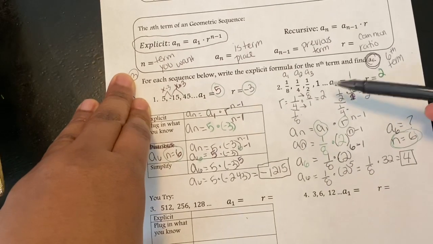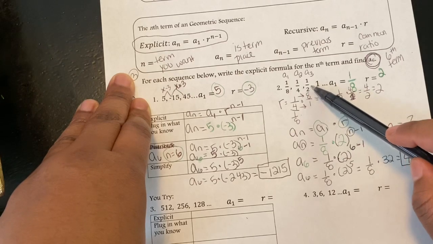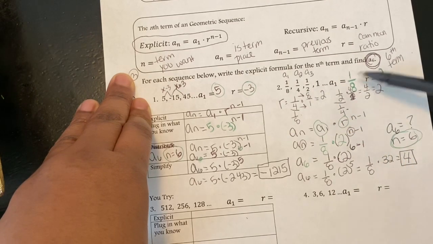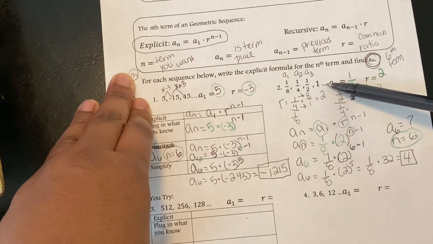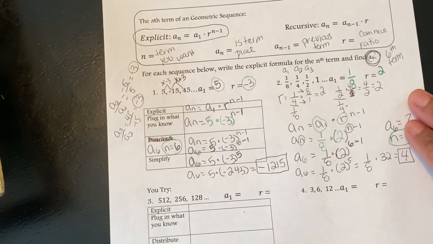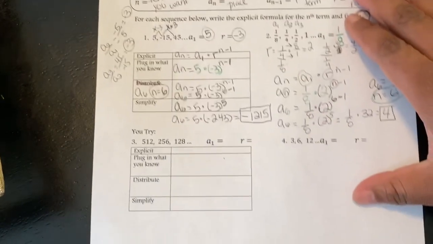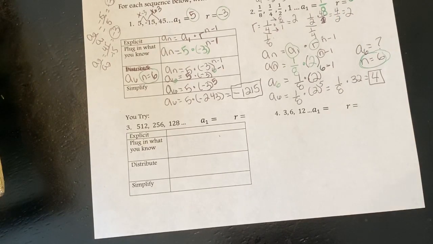So, ladies and gentlemen, what this says is if I'm multiplying by 2 each time, when I get to the 6th number, I'm going to have 4. The answer will be 4. All right. Using these 2 examples, I want you to try to do numbers 3 and 4, and then come back so we can go over it together.